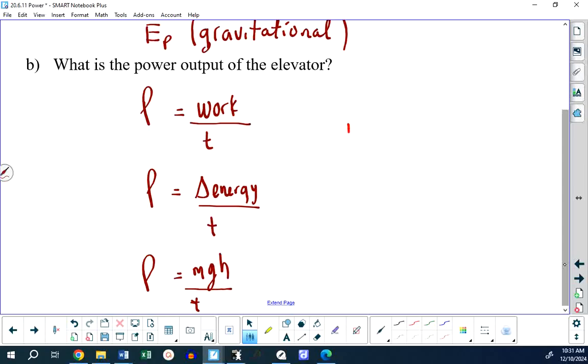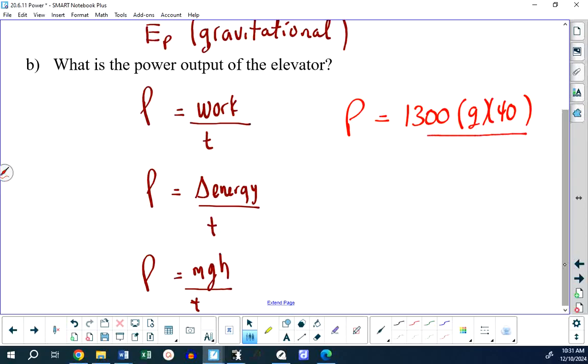So what is the power? Power is the mass. I think it was 1,300 kilograms. As usual, I've run out of room here, so I'm going to abbreviate G. We know what G is. And then H, I think I remember 40 meters, but perhaps you can enlighten me on that.